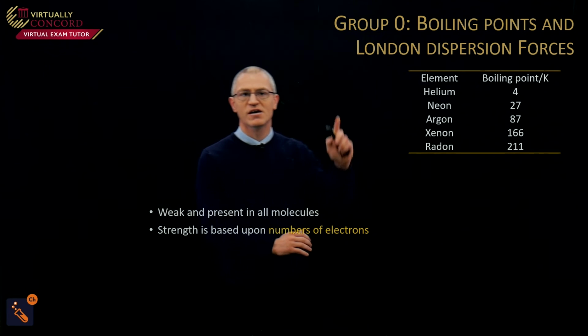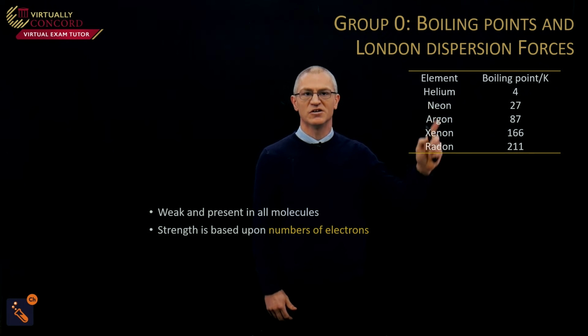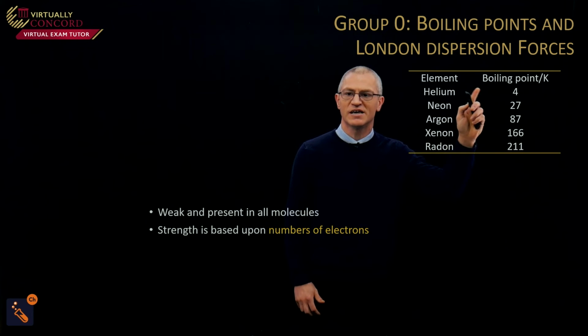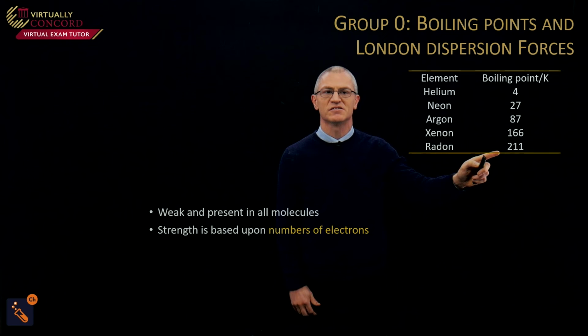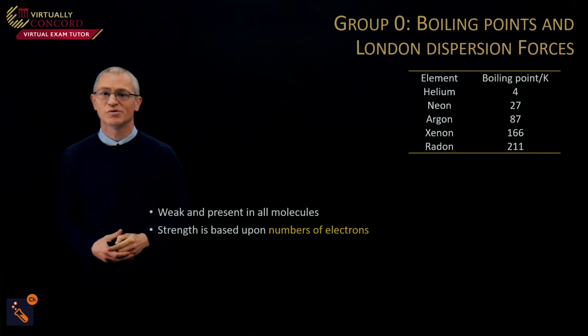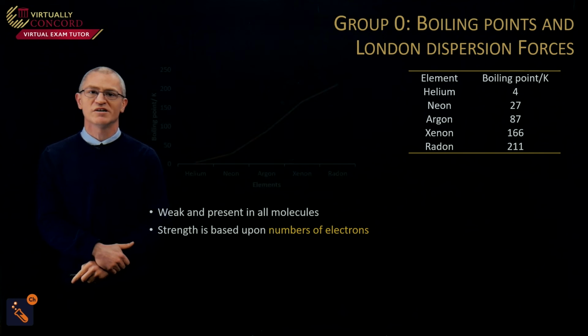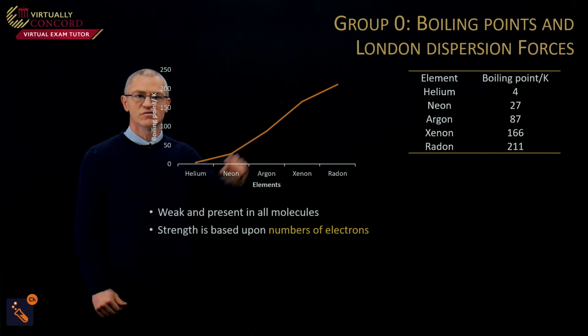So if we look up here, we can see a list of the noble gases, and as I go down, I can see 4, 27, 87, 166, 211. It basically means that we have an increase in the boiling point. And the question is, well, why is this? Okay, and there's your increase clearly shown on a graph.